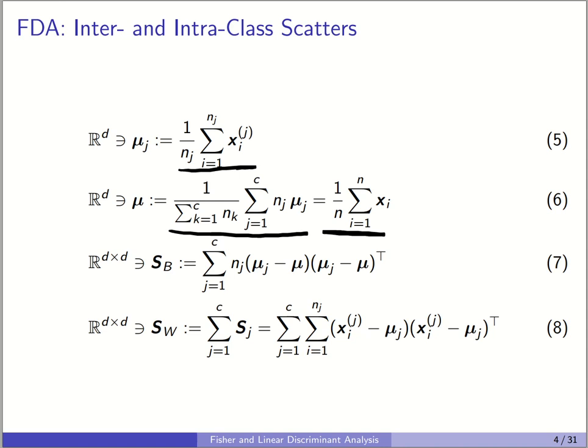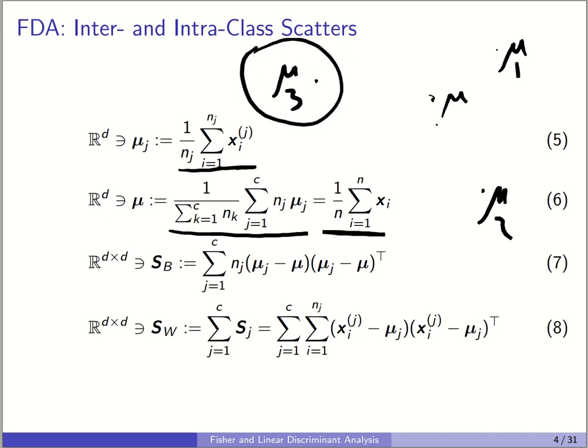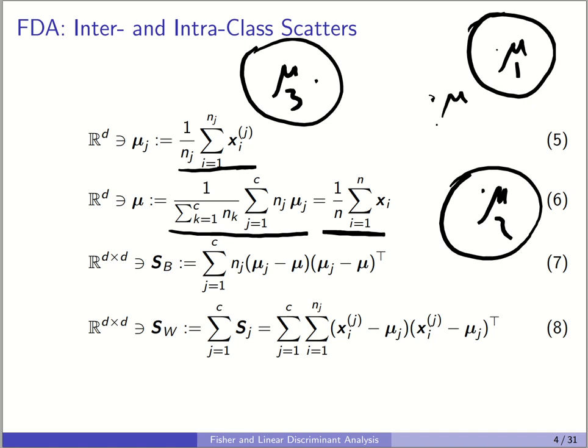What does it mean? Assume that here is the total mean. Here we have mu1, mu2, mu3, and this is the cloud of points of the third class, the cloud of points of the first class, the cloud of points of the second class, and this is the total mean.